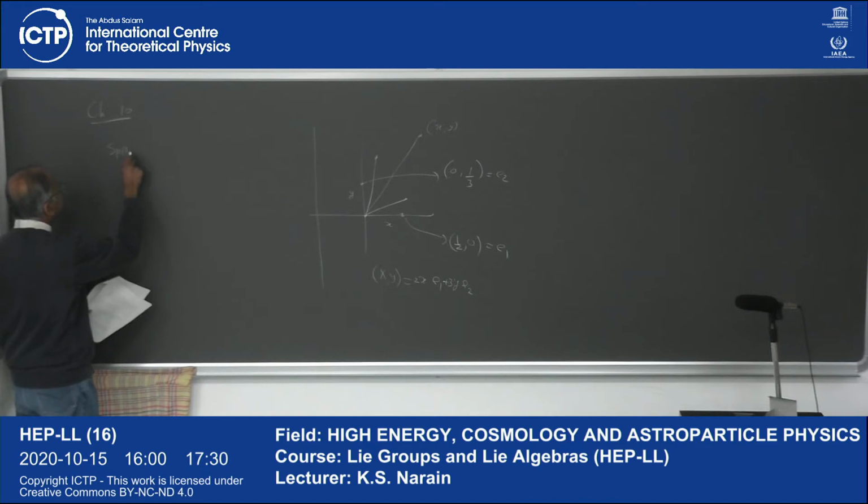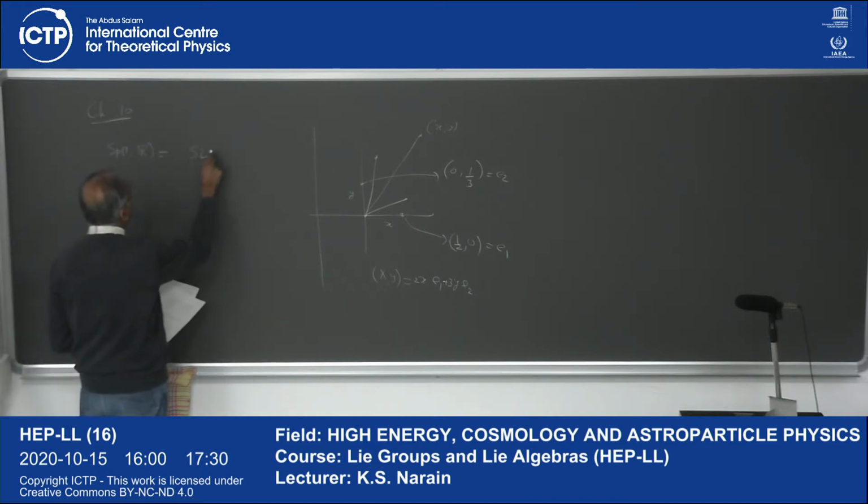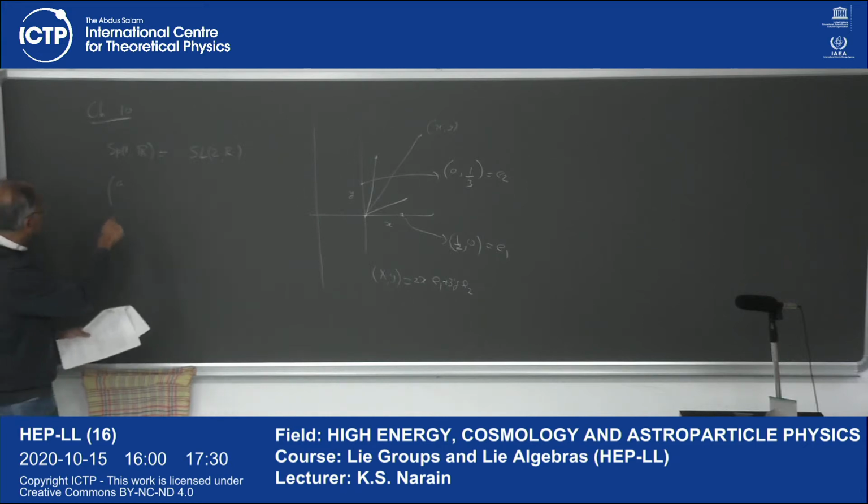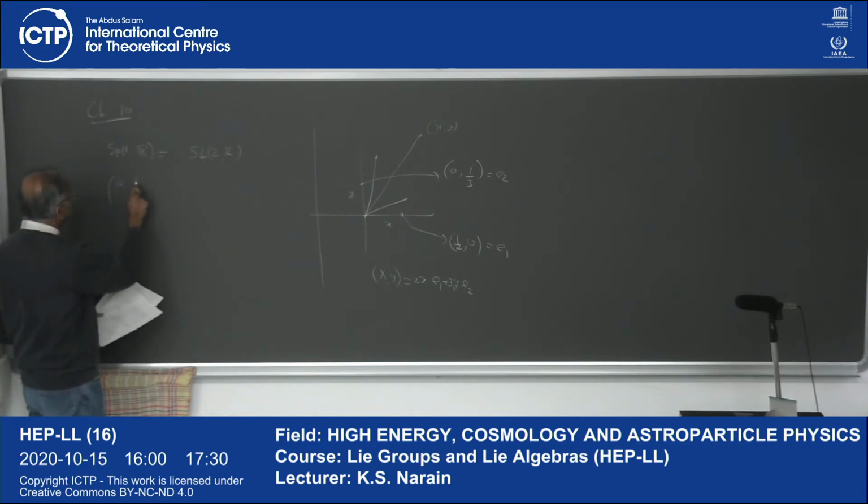We already saw SP1R, that this was nothing else but SL2R. Remember that we looked at this arbitrary matrix. If this is n, then we are talking about a 2n by 2n matrix. So for 1, it is a 2 by 2 matrix, and we wrote the most general matrix like that.